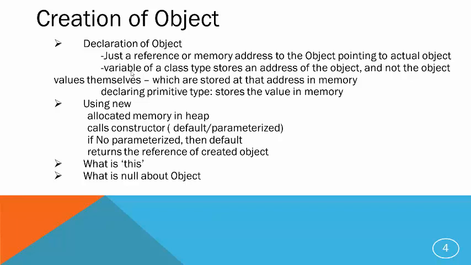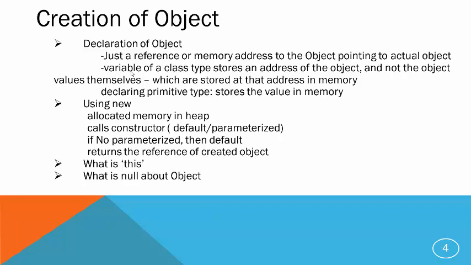So objects go into heap memory and variables go into stack memory. A variable of a class type stores the address of the object and not the object value itself. Declaring a primitive type stores the value in memory, that is the stack.